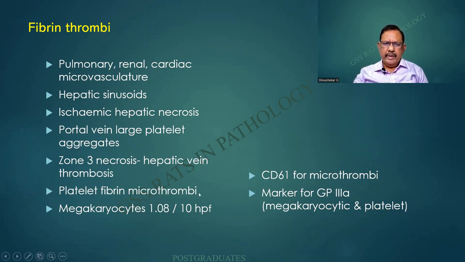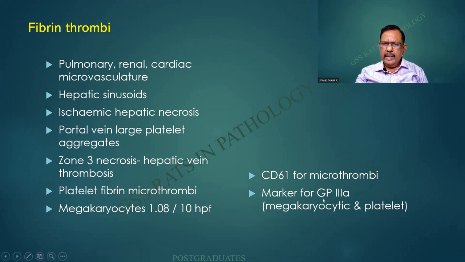Platelet fibrin with microthrombi and megakaryocytes are also seen. We do not know whether there is a growth factor or it is becoming active or is it extramedullary hematopoiesis. But whatever said and done, there is an increase in the megakaryocytes, and this is the figure that we see. There is a marker for the microthrombi.